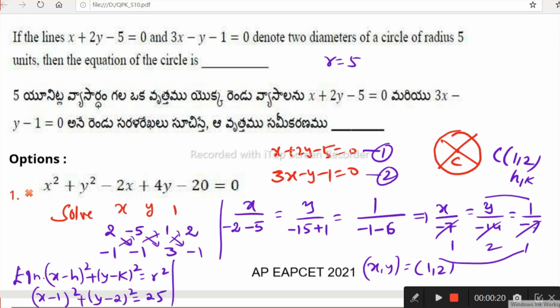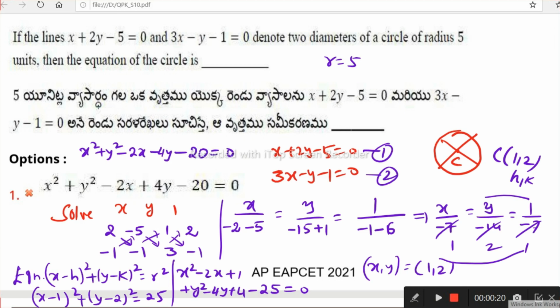Further simplification: x square minus 2x plus 1 plus y square minus 4y plus 4, and 25 becomes minus 25 if we take it to the left side, equals 0. Then one more step: x square plus y square, the x term is minus 2x, the y term is minus 4y, 1 plus 4 is 5, 5 minus 25 is minus 20, equals 0. This is our required equation of the circle.